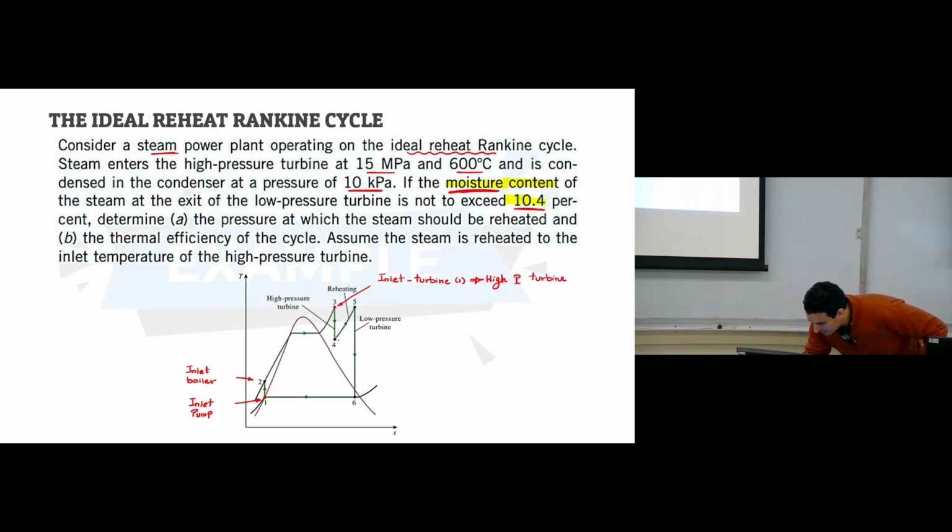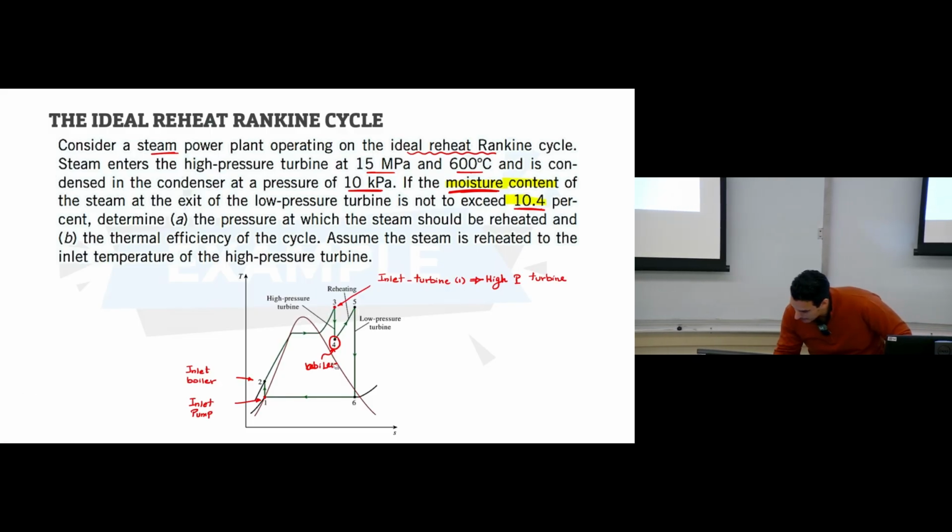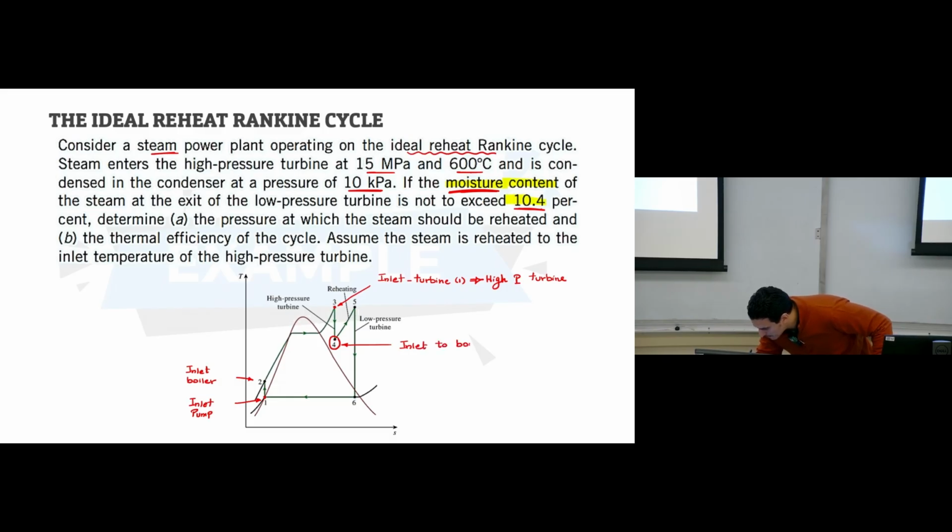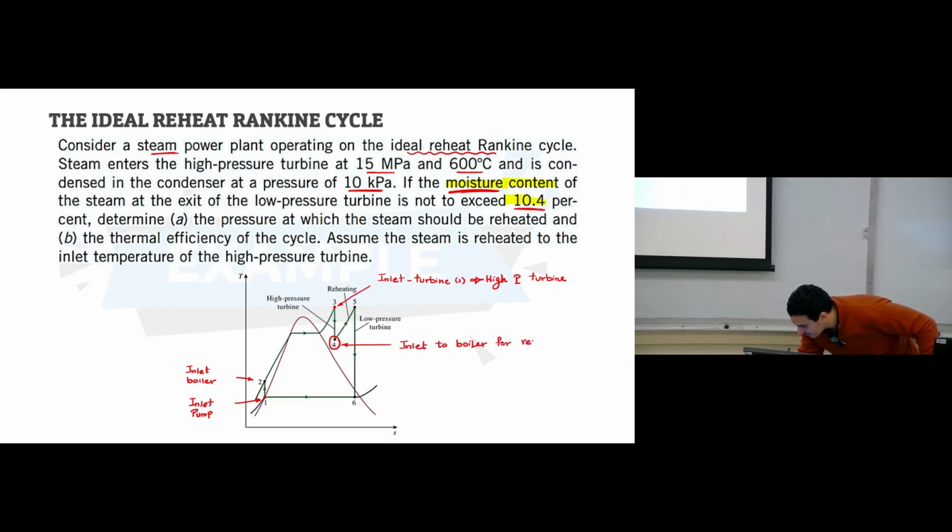Then point number 4, this is the inlet to the reheat or the boiler again. This is the boiler. So this is the inlet to the boiler for reheat.